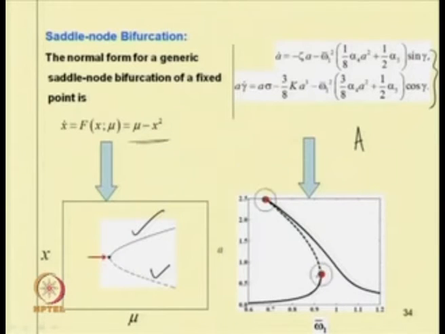One can observe that corresponding to this point, it should have an eigenvalue equal to 0. By checking the eigenvalue, one can see this branch is unstable and this is a stable branch. The stable and unstable branch meet at this point.